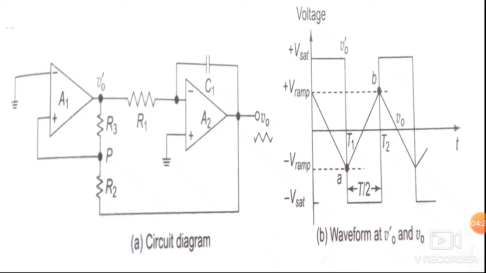If the negative going ramp extends beyond this line, the transition occurs at the input of the operational amplifier, and its output changes accordingly. So let's define this point as V ramp.